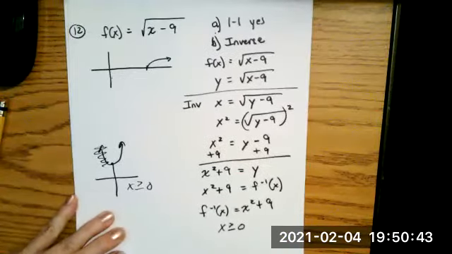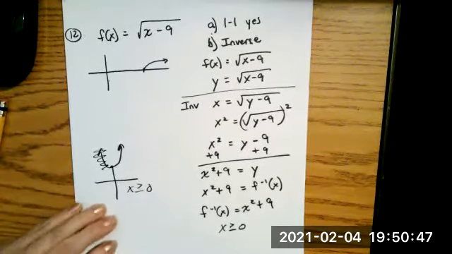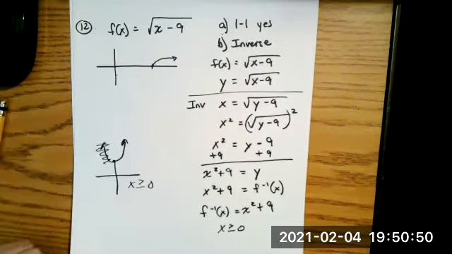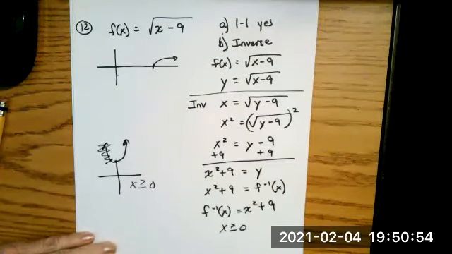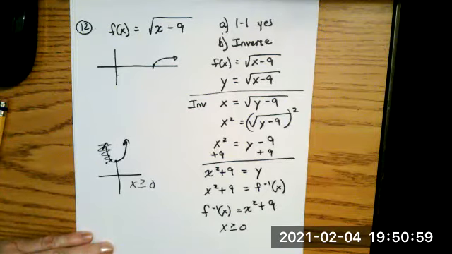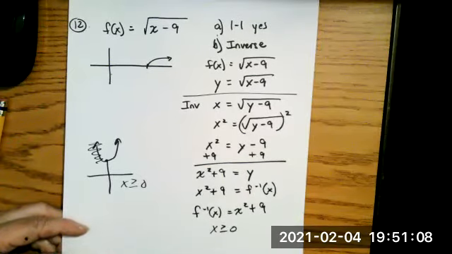I don't think you're ready to graph some of these yet. Maybe next week. I would be extremely stressed if I had to graph it. They're just visually an easier way. I think it's visually easier to see if they're 1 to 1 by doing the horizontal line test, by just looking at them. But you can graph them in your calculator too if you want to see a picture of them. I think it's just easier if you see a picture of it.